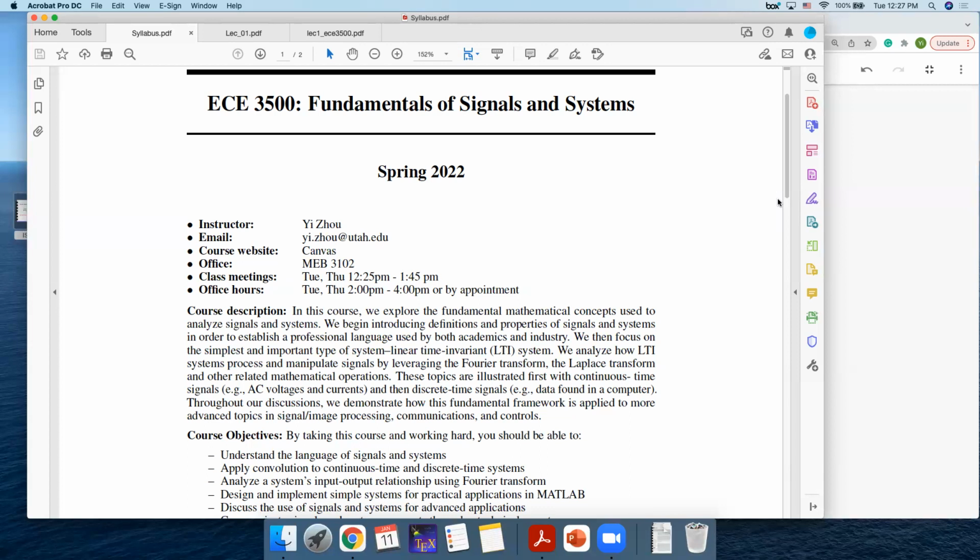This is the syllabus. All the details are here. That's my email. You can shoot me an email at any time. My office is on the third floor, right next to that long table.